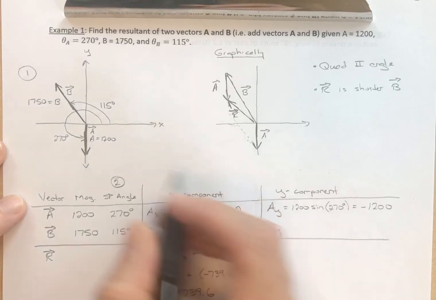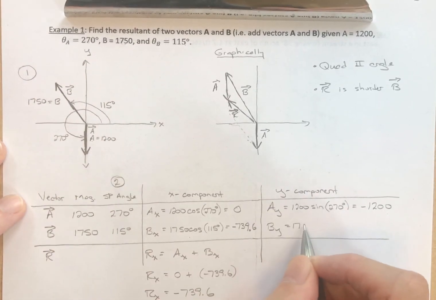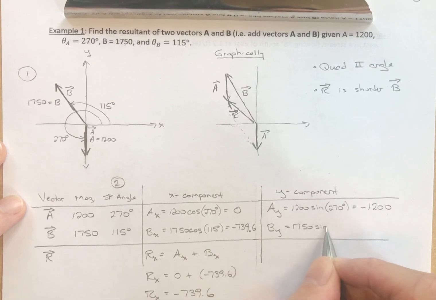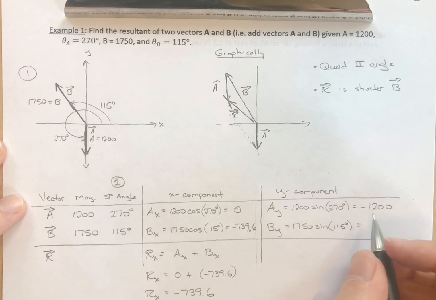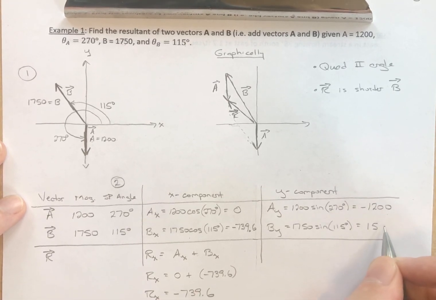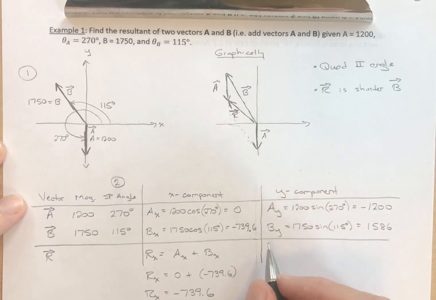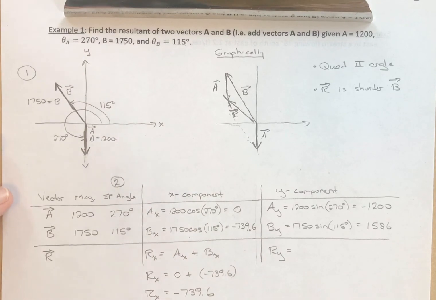B in the y direction is positive, so it's going to be 1750 sine of 115 degrees, and we'll come out with, again I did the math, 1,586.